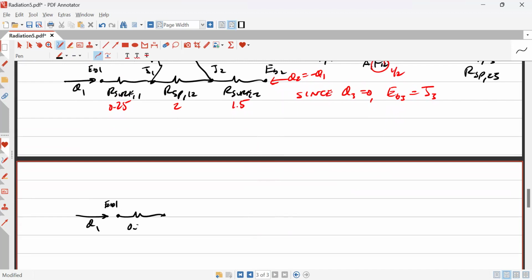We have a resistance of 0.25. Then it hits J1. Spatial resistance of 2, another one of 2, another one of 2, and that gets us down to J2. The value of 1.5 gets us to EB2.